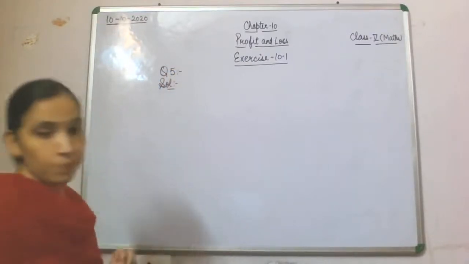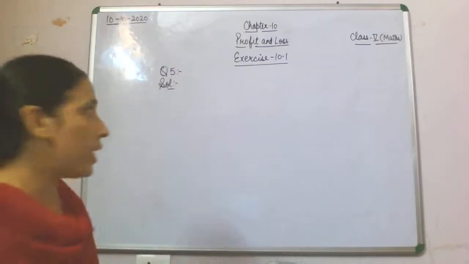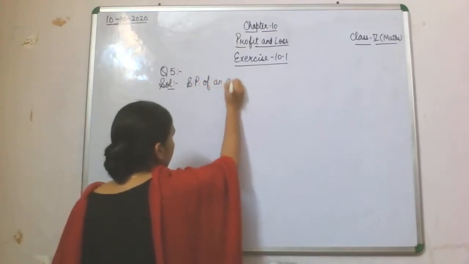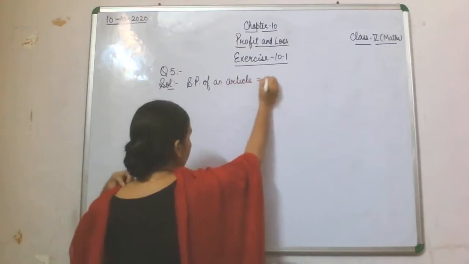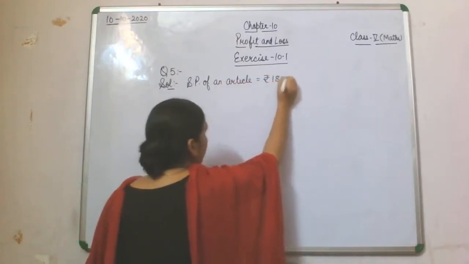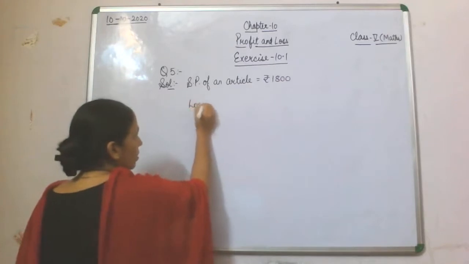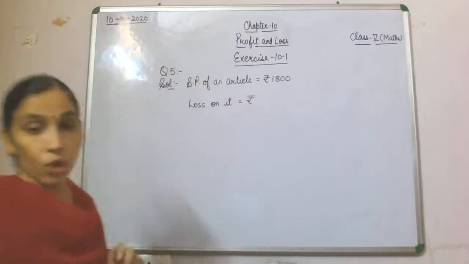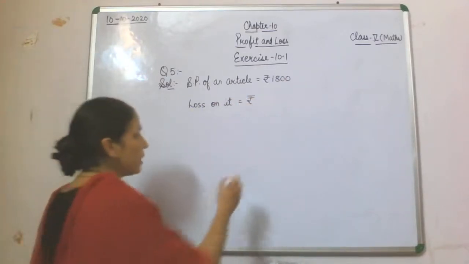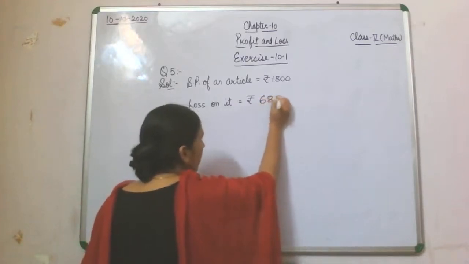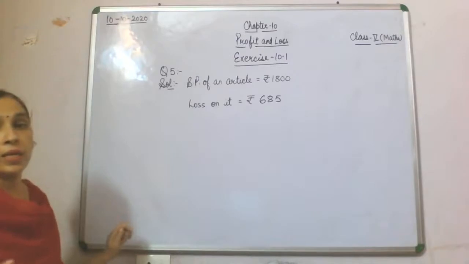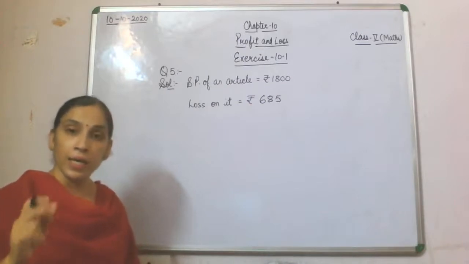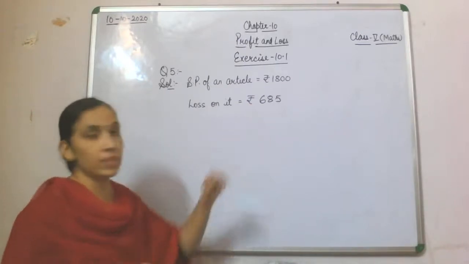Now here the selling price of an article is given, that is rupees 1,800, and the loss on it is also given, that is rupees 685. What does it mean? If a person sold a particular item for rupees 1,800, he will be getting a loss of rupees 685.